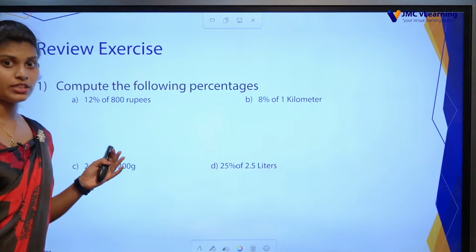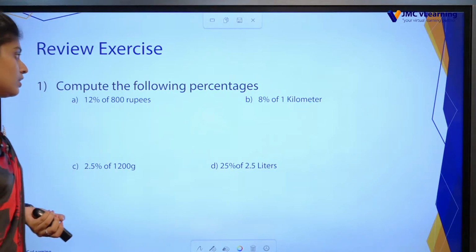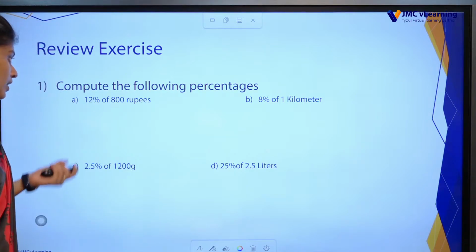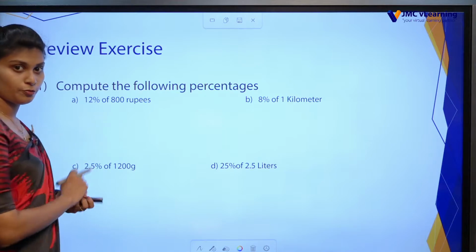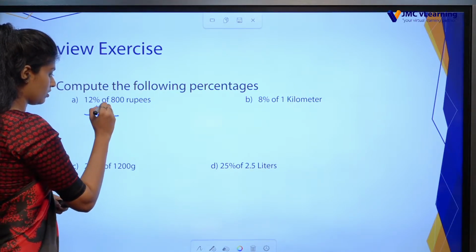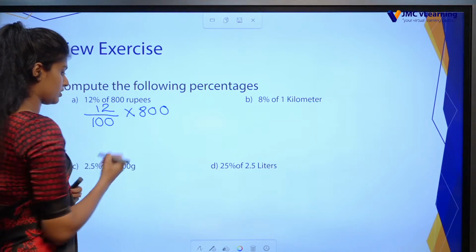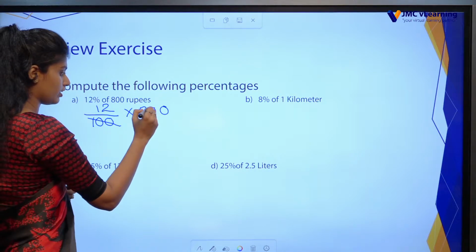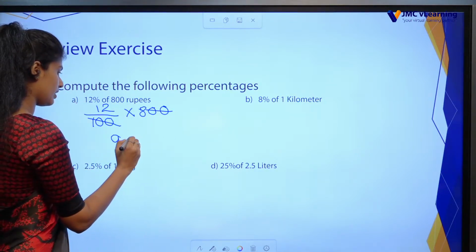Okay, now we will do the review exercise in your textbook. Compute the following percentages. 12% of 800 rupees. That means here "of" means multiplication. 12% of 800 rupees. Then divide by 100. 12 into 8 is equal to 96.